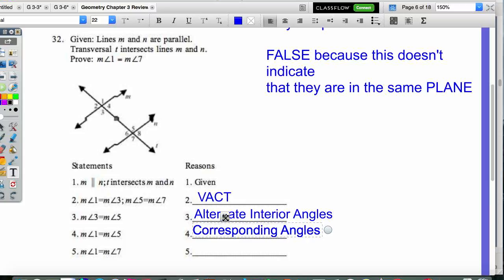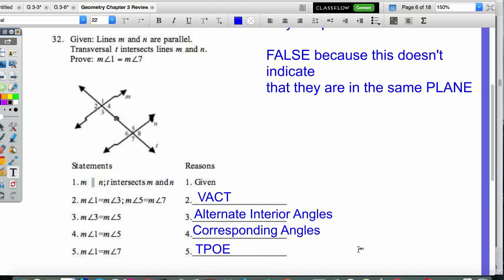Now, 1 and 7, you would normally say, oh, that's alternate exterior angles theorem, but that's what we're proving. But what you start to see here is that the measure of 1 is equal to the measure of 3, and the measure of 3 is equal to 5, and 5 is equal to 7. We have a whole bunch of things that are all equal to each other. So it's actually a big transitive property of equality problem, and that would be your answer.